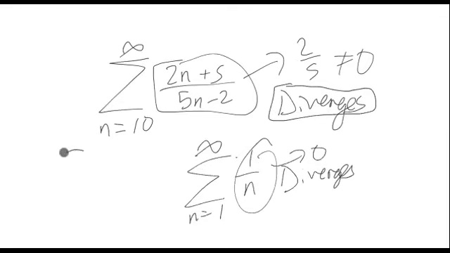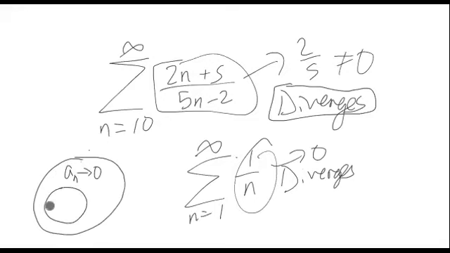So we can kind of think about it this way. If we have the collection of everything where the terms go to zero, then inside of that is convergence, but it's not all of it. So if we're at a series that has this property of going to zero, that doesn't mean that it converges.